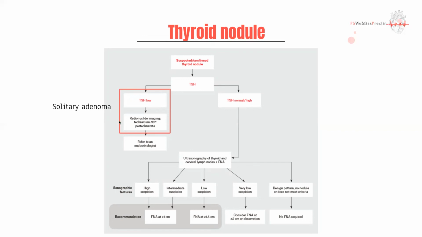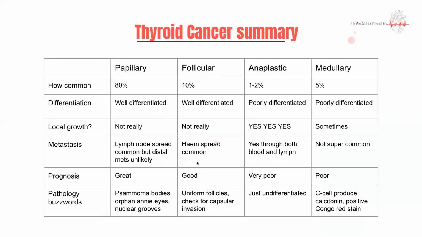So a low TSH usually means a solitary adenoma. We don't really worry about it as much. Versus if you have a normal TSH, then you think, well, could this be a cancer? And based on the features of the thyroid and the lymph nodes, you might also do an FNA. Depending on how suspicious it is, we have different recommendations for FNAs and what size the nodule should be to actually intervene. And here is the summary table that I really like of the different types of cancers.